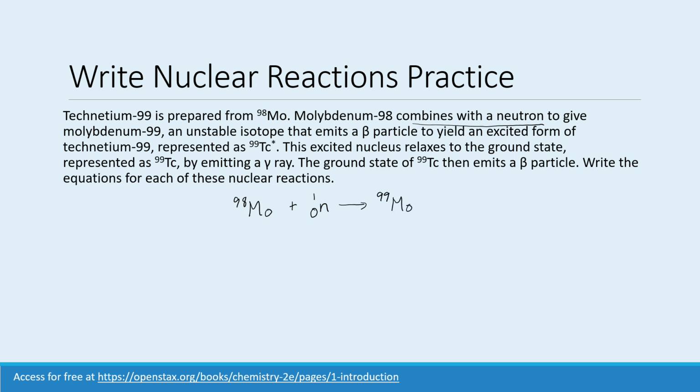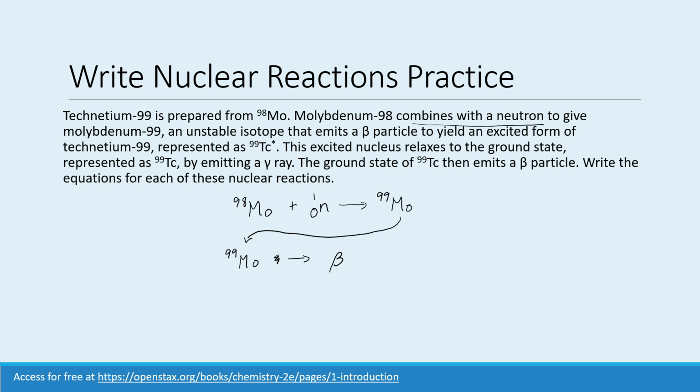Molybdenum-99 is an unstable isotope that emits a beta particle. And so each time we're going to pick back up with our product and rewrite it. And it emits a beta particle. So that means on the product side we have a beta particle.